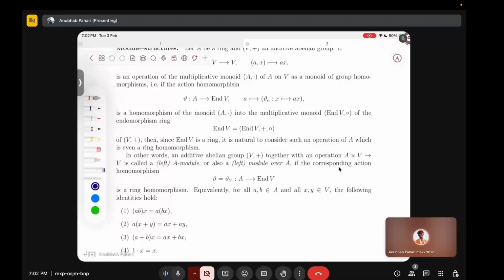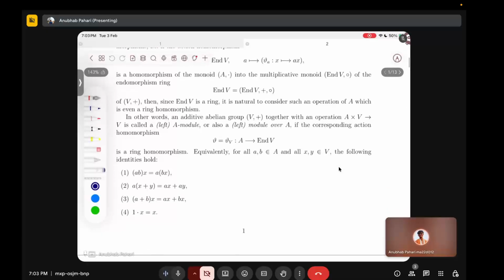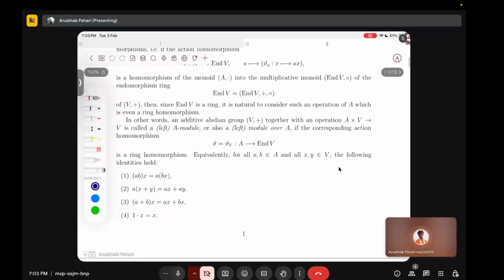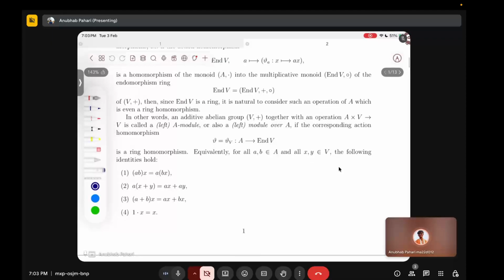So where is the distributive property coming from? That means φ(ab) will be φ(a)·φ(b). It will behave well with the multiplication and the addition and all the other things that come with a ring homomorphism, and equivalently you can say these properties hold. I won't break down how these two things, the ring homomorphism and these properties, relate to each other.